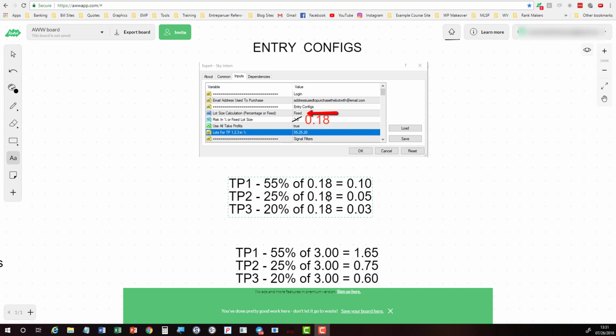actually, let me go back. So let's say that you keep this, and so for every single trade, it's going to use 0.18 as your lot size, no matter what pair. Okay, no matter what pair, and no matter what your balance is.